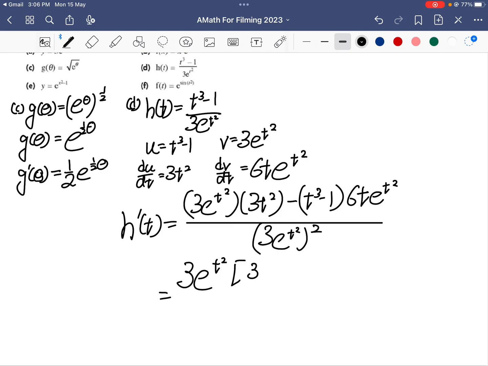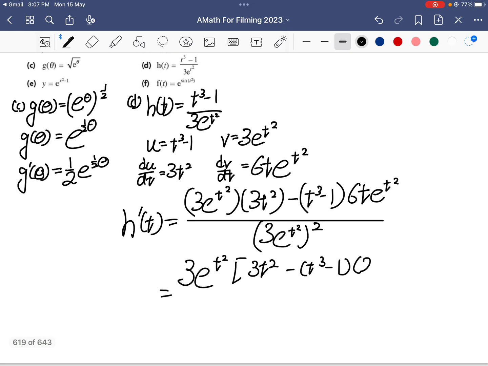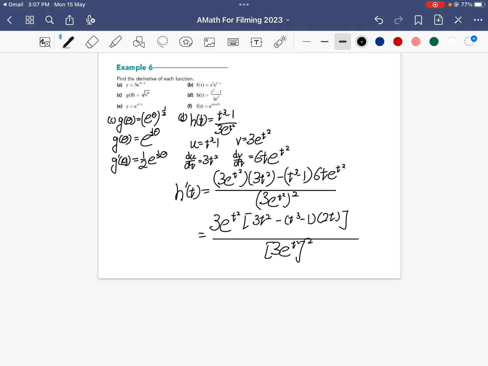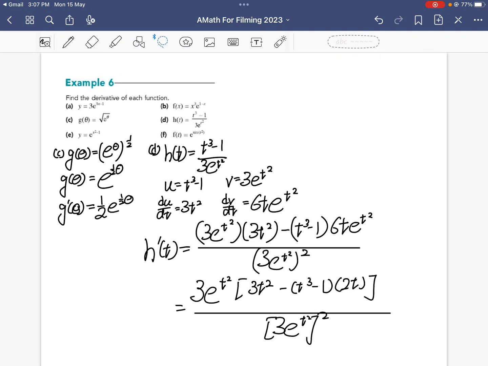In the numerator, I'm left with 3t squared from here, minus t cubed minus 1 times, I factorize 3e to the power of t squared, so there's 2t here, over 3e to the power of t squared, squared. Let me just try to shrink everything, I'm running out of space.